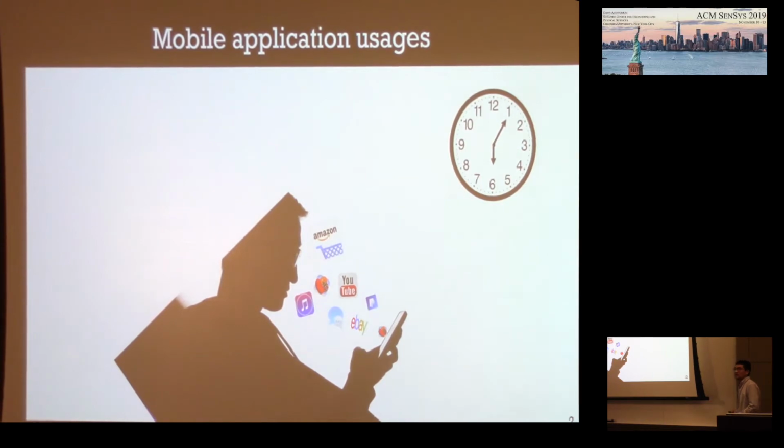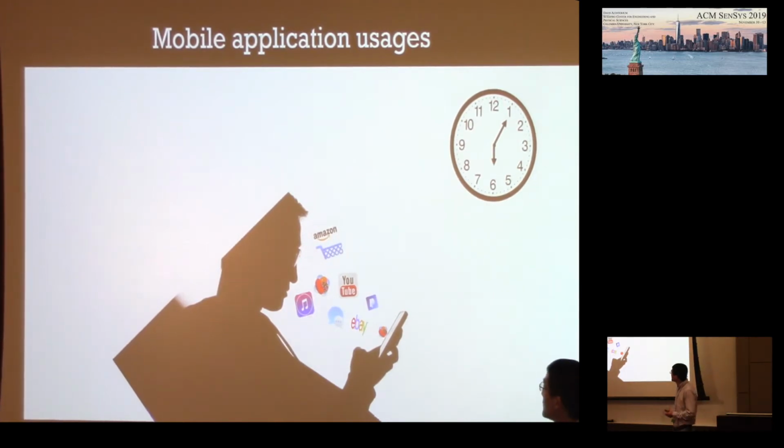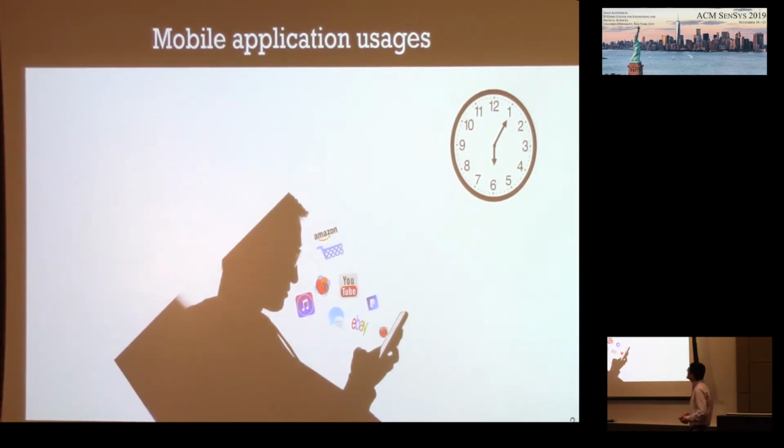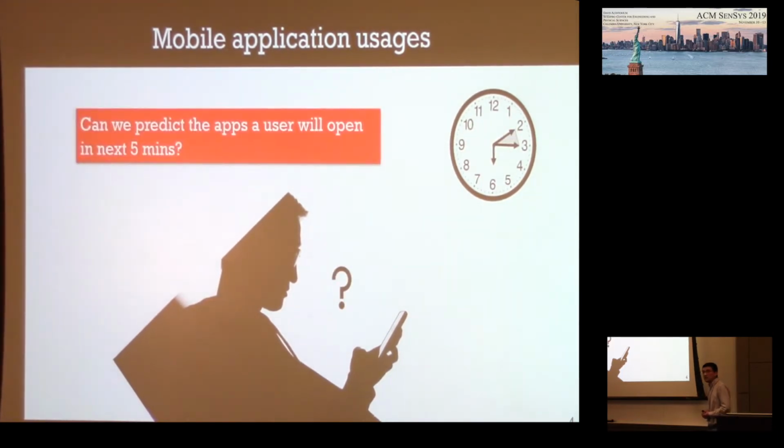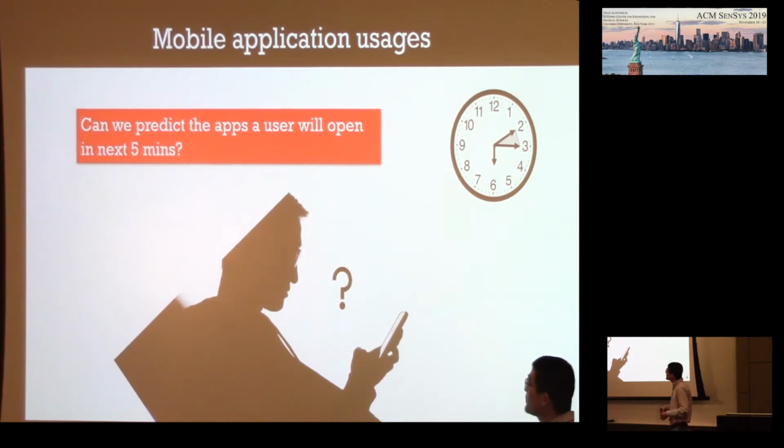Nowadays, every one of us installs a lot of apps on our computers and mobile devices, and within a very short time, like 5 minutes, we will probably use several apps. So the question in our paper we want to ask is: can we predict the applications that a user wants to use in the next 5 minutes?